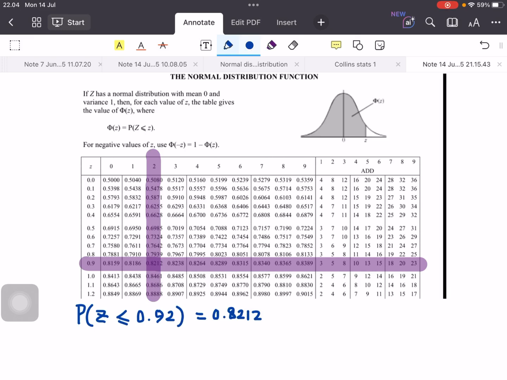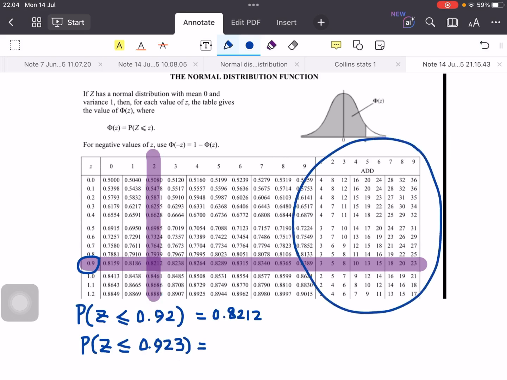0.8212. Now what if we add one more decimal? So now the value of z is 3 decimal places. For example, probability z less than or equal to 0.923. So same, you need to find 0.9 first, this one 0.9, and then 2. What about the third decimal? The third decimal will be this one.